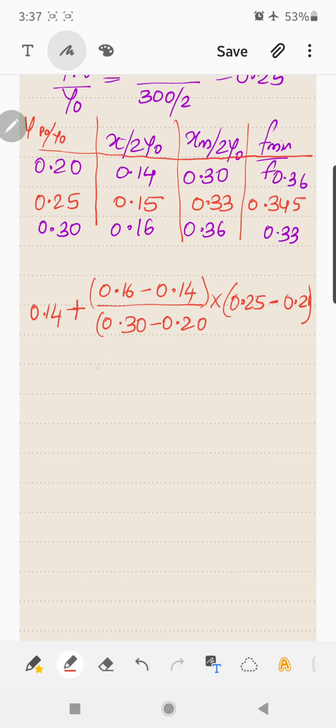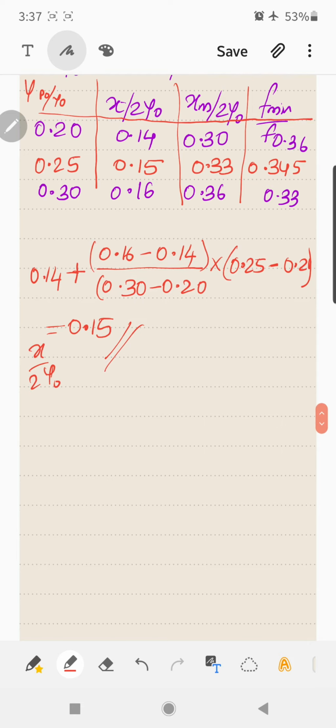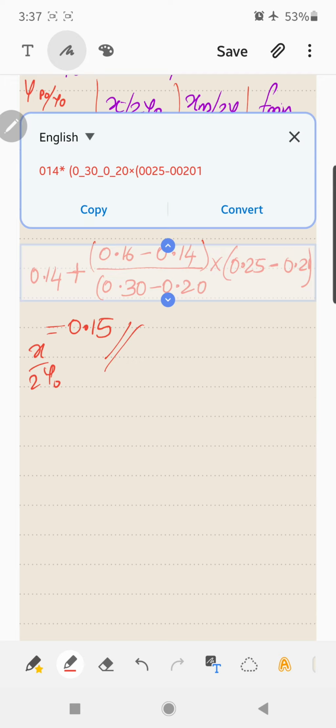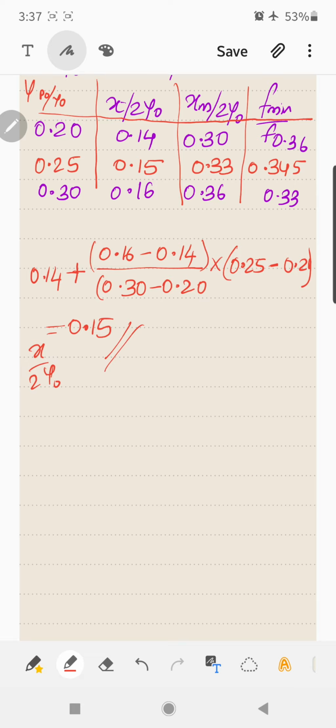So 0.14 plus this value, you will get 0.15. This is how you can interpolate the values in between. So this is 0.15 for x by 2 y naught. Similarly, you can interpolate and get 0.33 for xm by 2 y naught and 0.345 for f minimum by f.